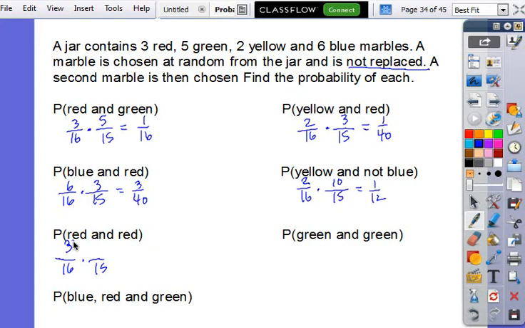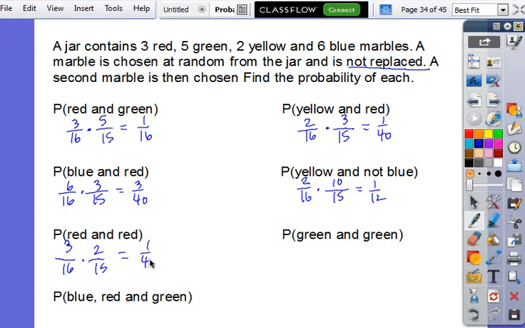So how many reds are still left in the bag? 2. There's only 2 for the second choice, because I took one of them out to start with. Everybody get that? When it's the same color, the top number is going to go down too. So this winds up being 1 over 40.